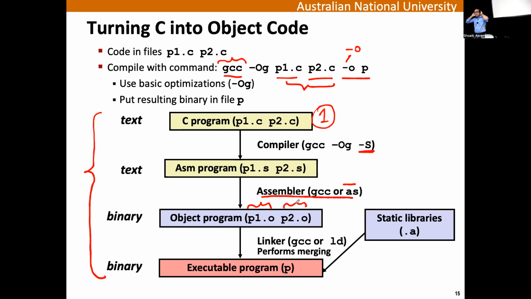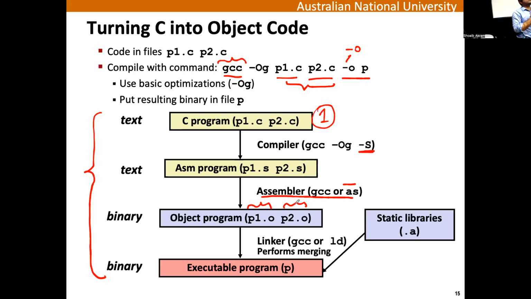Okay, the problem at this point is we cannot do anything with these object .o files because they are not linked. We have p1.c and p2.c. And p1.c might be defining a function that p2.c is using, or p2.c might have a function that p1.c is using. This is how you write structured programs. Or you might be using an external library.